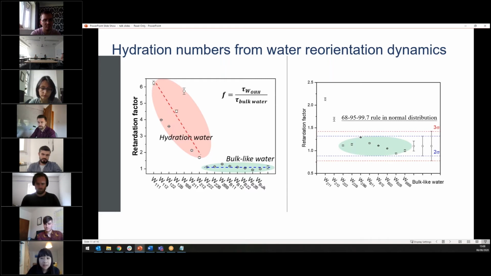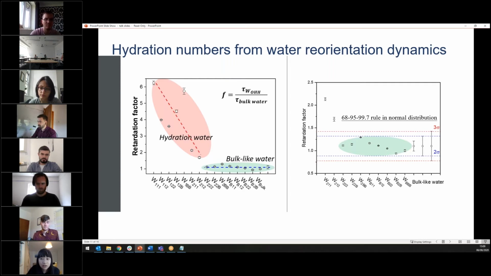We can use a linear scale to plot the factors of different categories of water. Clearly the first hydration shell, W1, shows a distinct factor compared to bulk water. It has almost 3 to 6 times slower dipole reorientation dynamics, so it is easy to see that these are non-bulk-like water subpopulations.